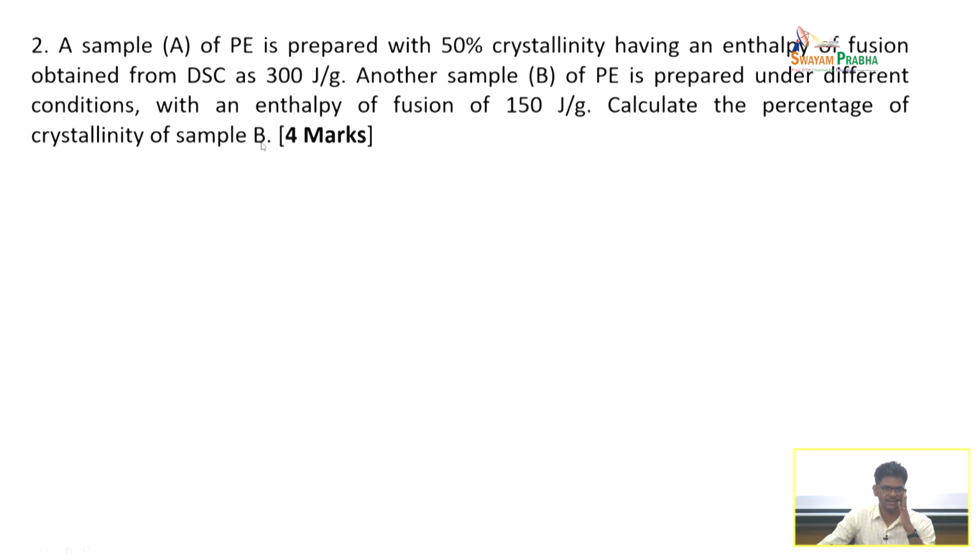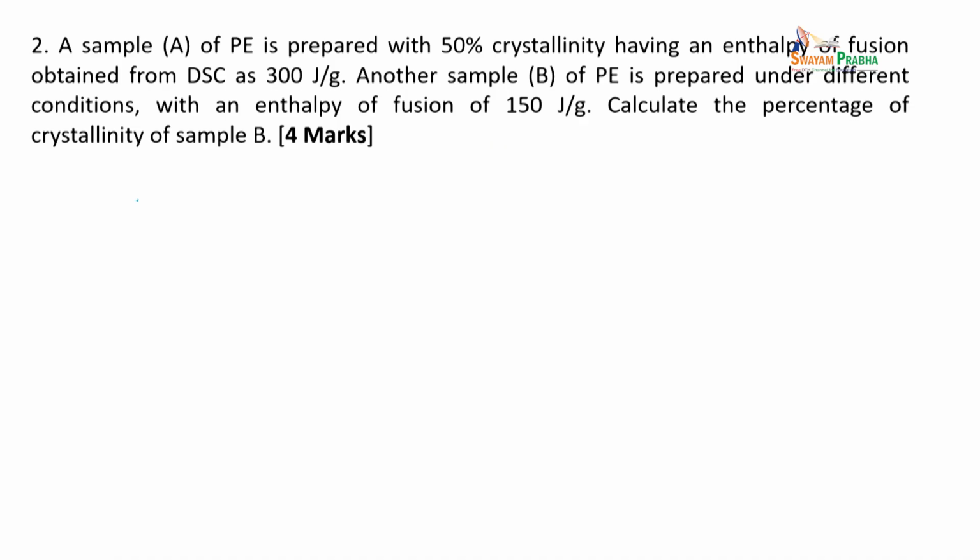I think in the class we looked at two ways of calculating crystalline content. One is based on this enthalpy of fusion from DSC, or based on the molar volumes of the sample and crystalline sample. So, in this problem it is based on enthalpy of fusion. Okay.